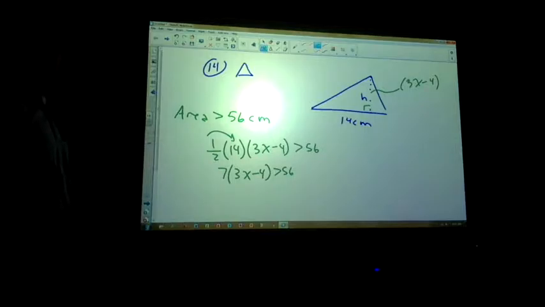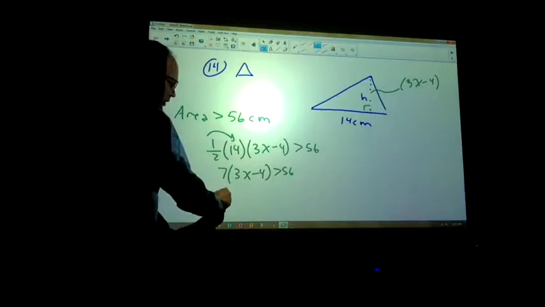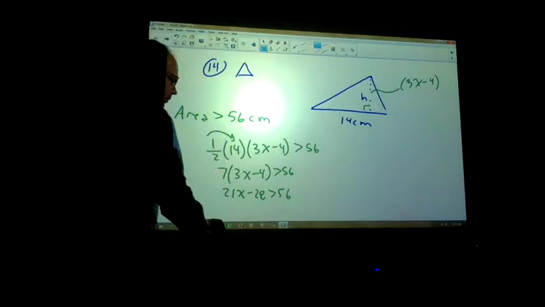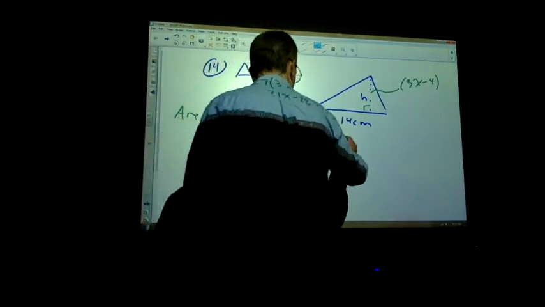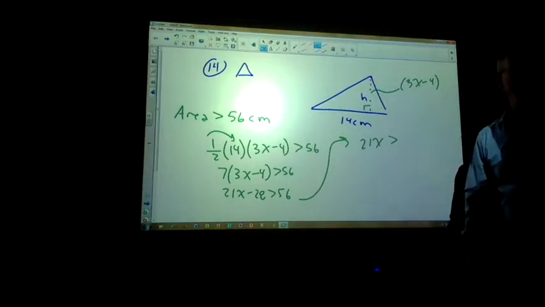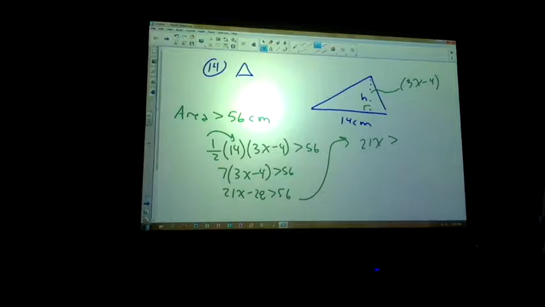I could distribute the 7 over both. So that's going to give me 21x minus 28 is greater than 56. I'm going to then add 28 to both sides. Help me out on this. If I add 28 to 56, what do I get? 84? Okay, 28 plus 56, 84.